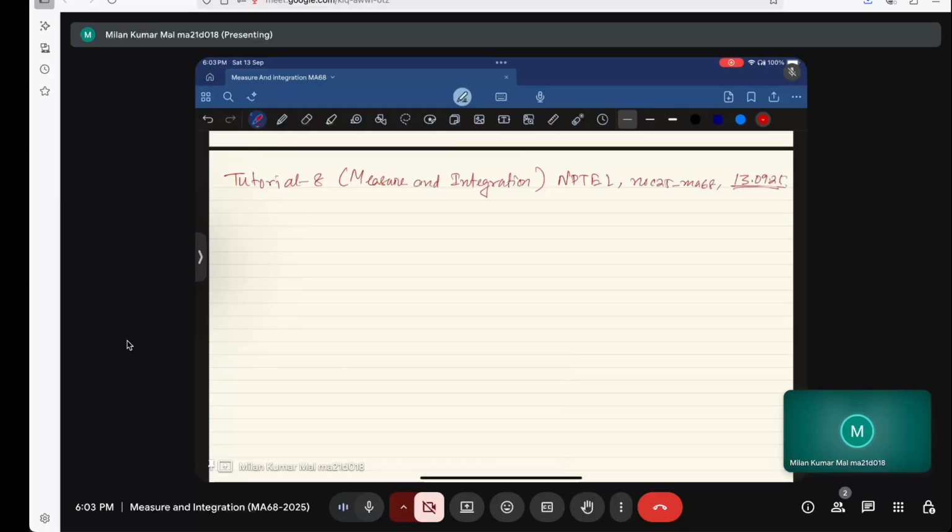In today's tutorial, we will be discussing problems which will be helpful to solve assignment 8 of this NPTEL course. Most of today's problems will be based on functions of bounded variation and their relations with integrations, with measurable integrable functions.